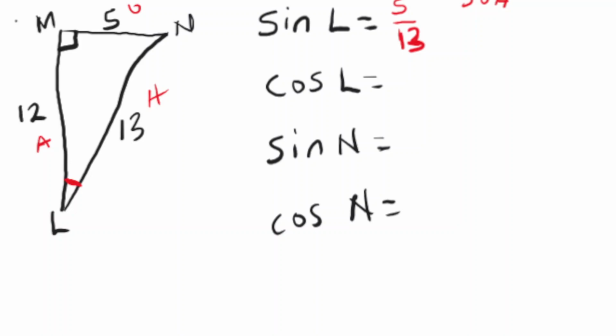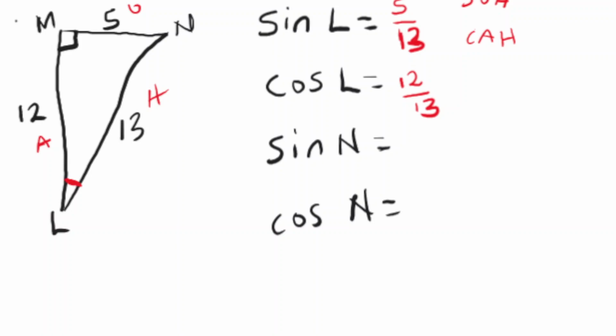So sine L is 5 over 13. What about cos L? Adjacent over hypotenuse. Adjacent is 12, hypotenuse is 13. So we have 12 out of 13.